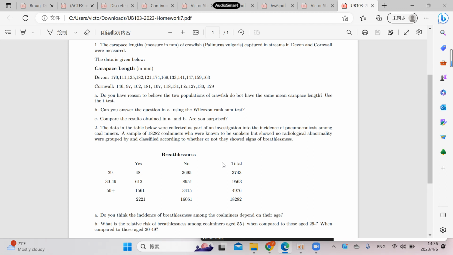And then you determine whether your actual rank lies within that 95% interval. And if not, you reject the null hypothesis that those two are the same, and conclude that the lengths in Devon and in Cornwall are different.